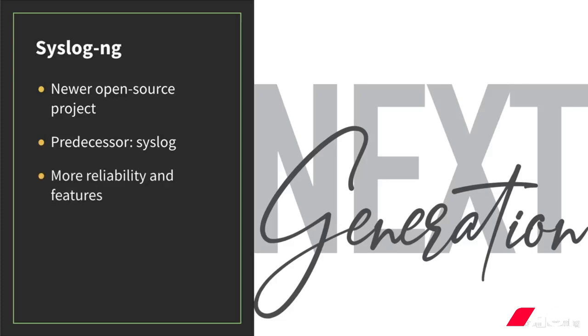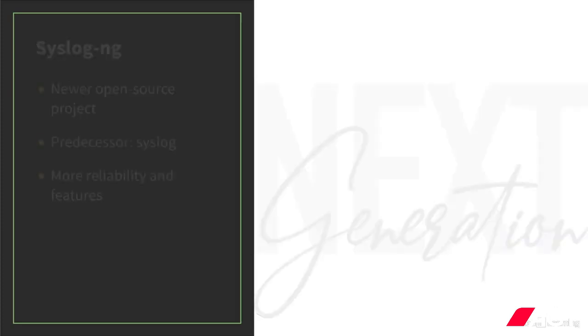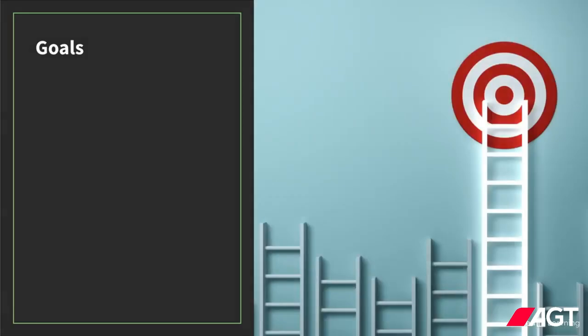NG in syslog-ng stands for next generation. As its name suggests, it tries to improve syslog with more reliability and features. Syslog-ng's goal is to do all of what syslog can offer, but better, faster, and much more.